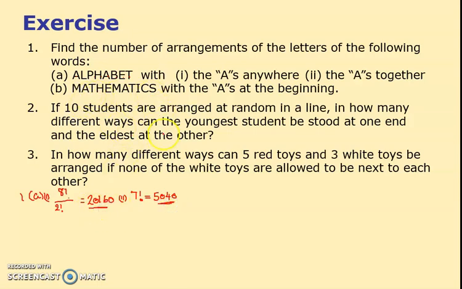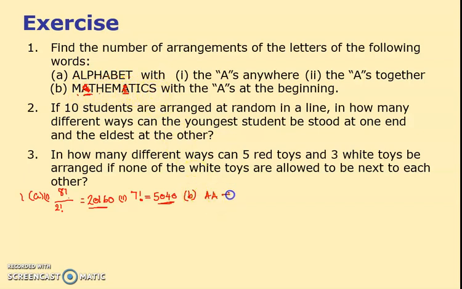And mathematics, where the A's are at the beginning. So part B. How many A's are there, first of all? There's a double A, and interestingly, if you put a double A at the front, there's only one way of doing it. They're at the front. So whatever else have I got? I'm just going to cross these out. Probably easiest. I've got 1, 2, 3, 4, 5, 6, 7, 8, 9.